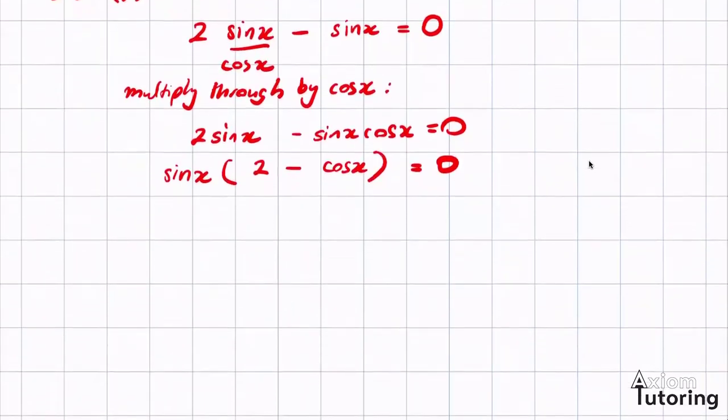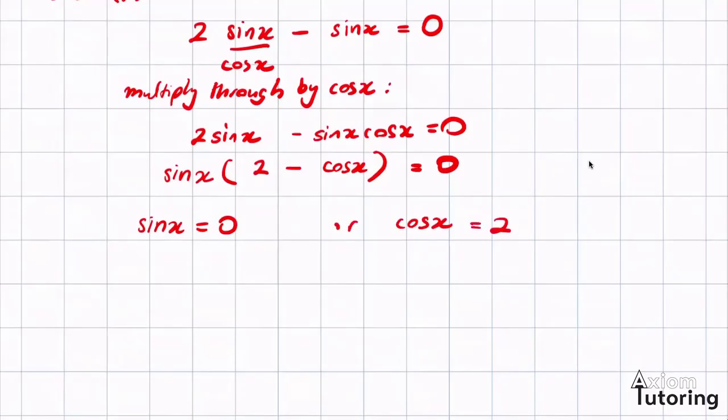And now it's easy to obtain our solutions because either sine x has to be 0 or 2 minus cos x has to equal 0. So we have to look at both. So sine x equals 0 or cos x equals 2.